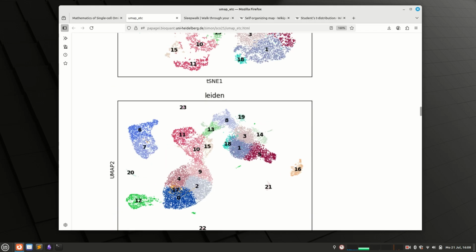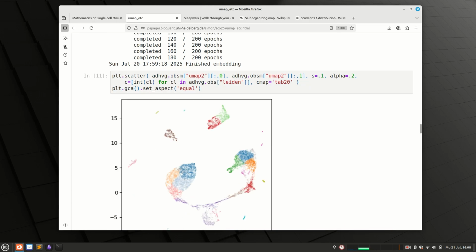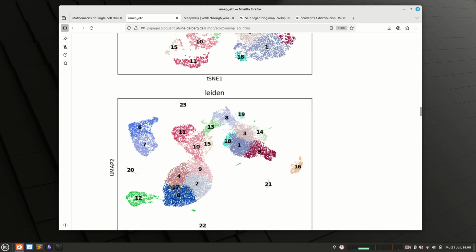So the UMAP that I got out here from Scanpy looks like this. You can see this circle is not that well visible anymore, and this little blob here also changed its shape a bit. So depending on what parameters you set, UMAPs can give you quite different looking things.